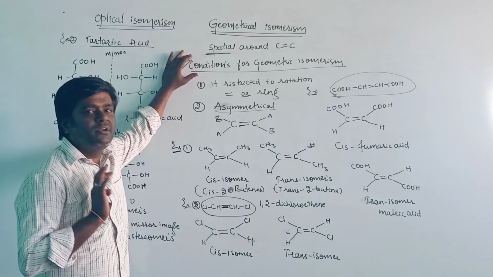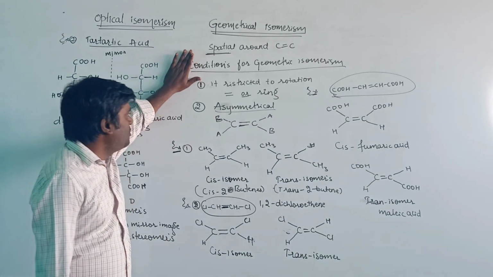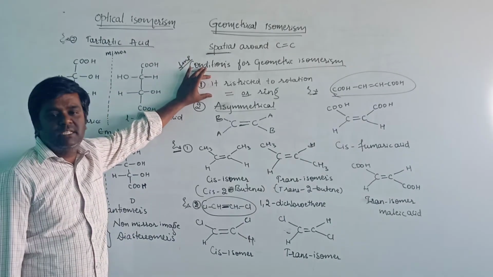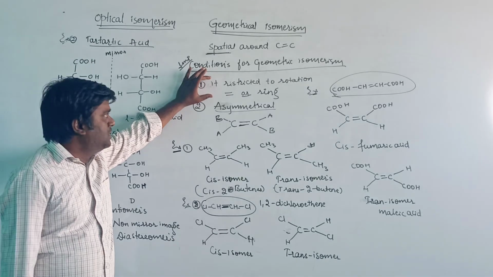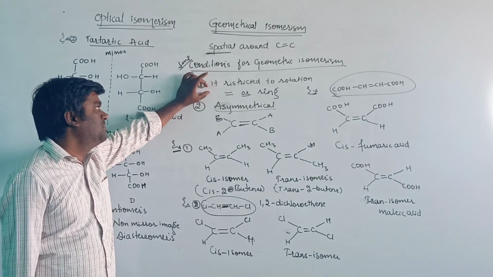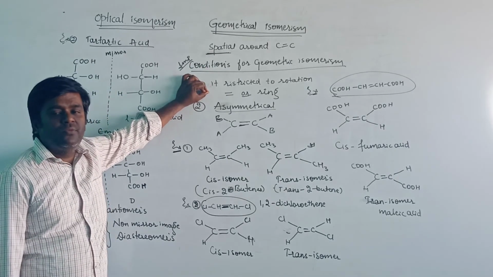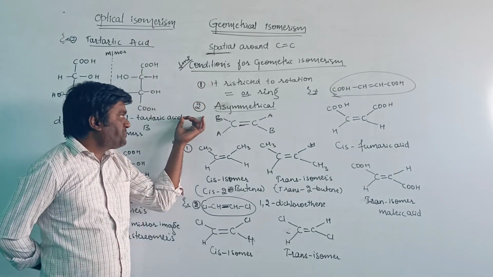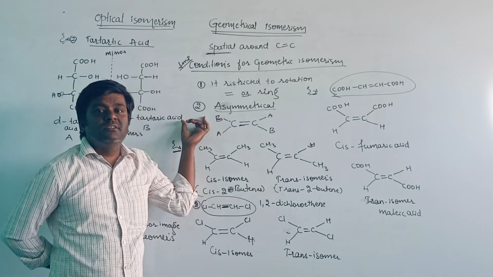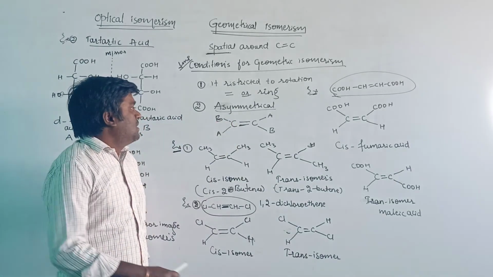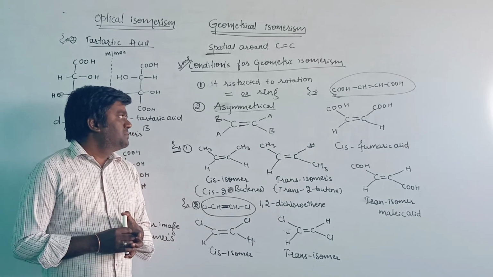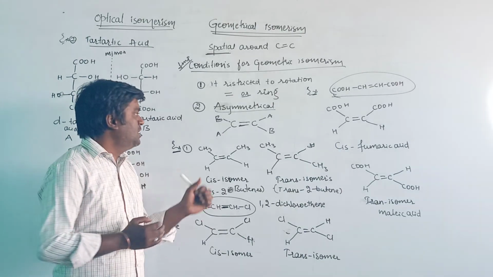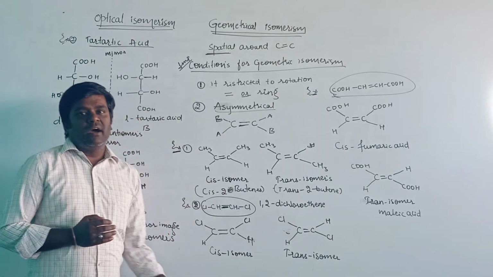The conditions for geometrical isomerism are: first, restricted rotation, which means it must be present in double bond form or ring form. The second condition is asymmetry: the carbons containing the double bond must carry different atoms or groups of atoms. Then only it will show geometrical isomerism.